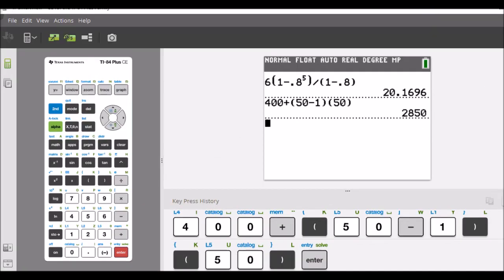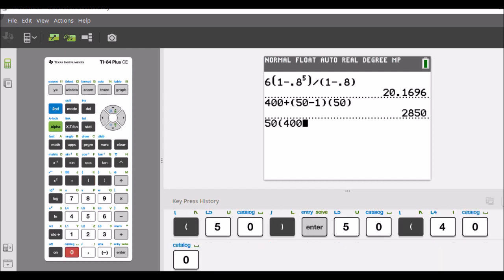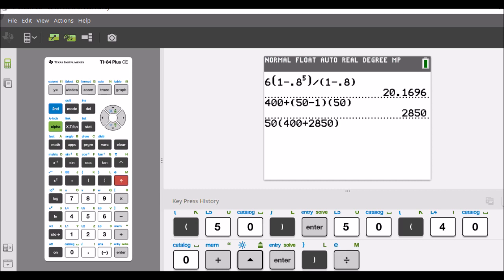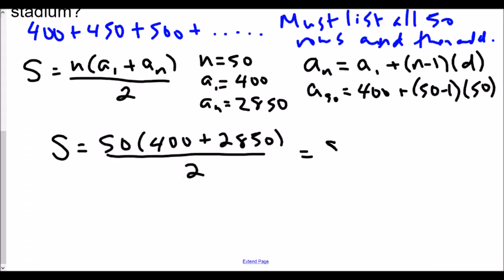And so we have in this case 50 open parenthesis 400 plus, now you have the value already in the calculator, so I just go up and then enter, and it pastes it for me, and then divide that by 2, and we get a total number of seats in the stadium to be 81,250. Okay, 81,250 seats in the stadium.